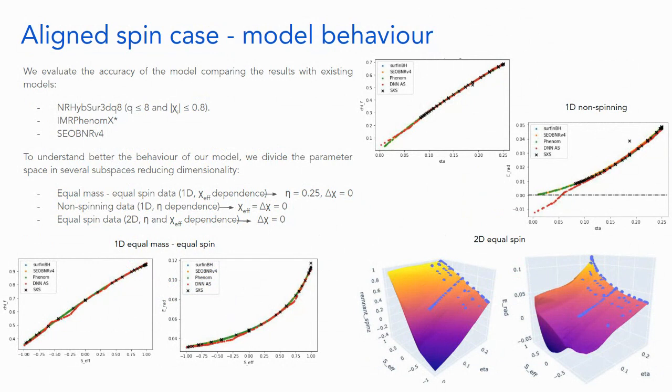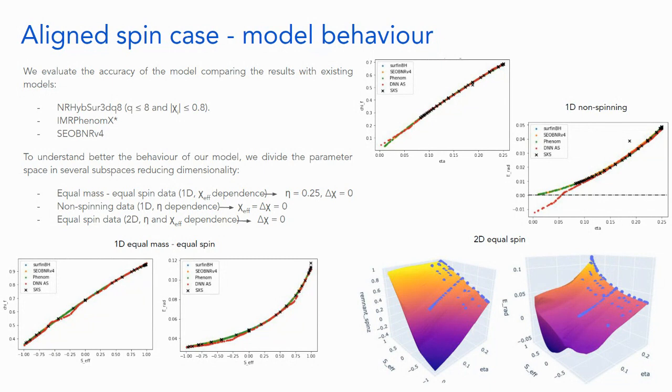First of all, we compare it to the NR surrogate, which, as I told you before, has a reduced coverage range: it goes up to Q8 and spins of up to 0.8. And we also compare with IMR phenom and SEOB. So in order to really understand our results in the aligned spin case, we decided to create some subsets in order to reduce the dimensionality of our data.